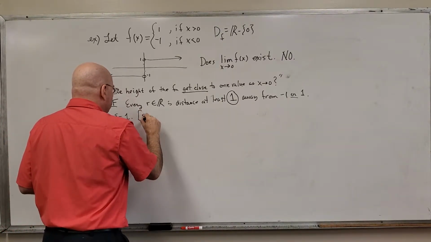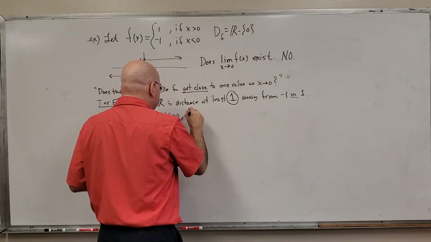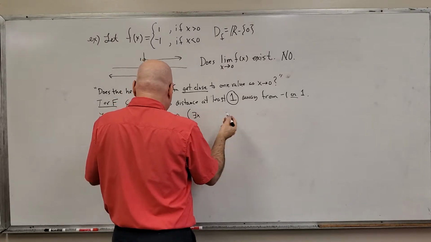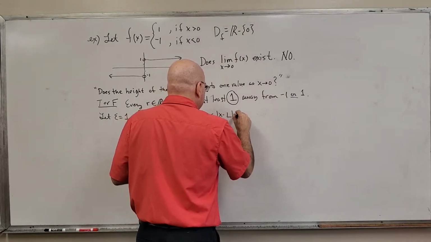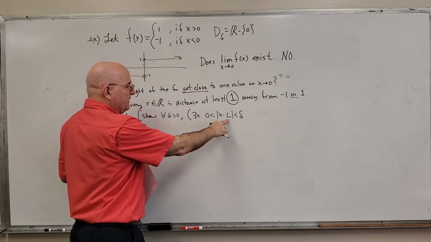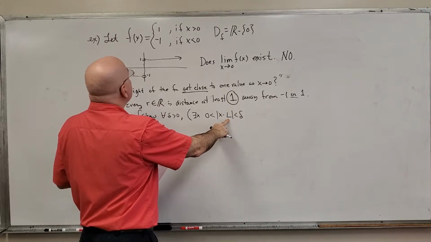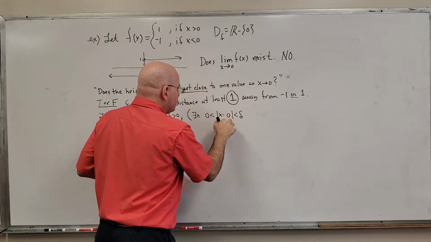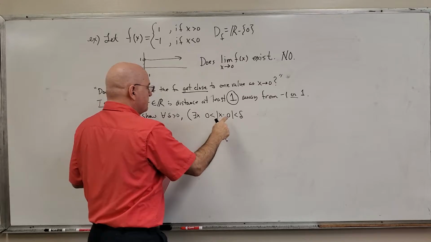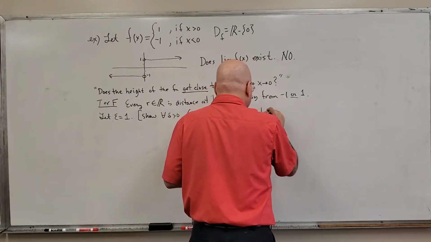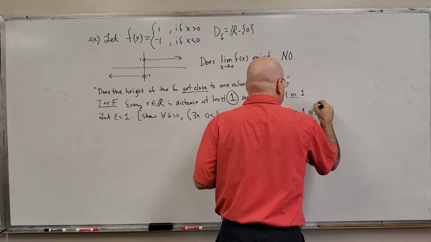And what we're going to do, I'm going to put it in comments here, show that for every delta greater than 0, there exists an x in the domain where, for every x that is close to 0, within delta of it, and not exactly equal to 0, we can find f of x minus L greater than or equal to epsilon, which is 1.